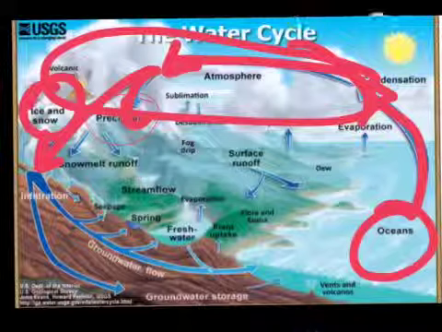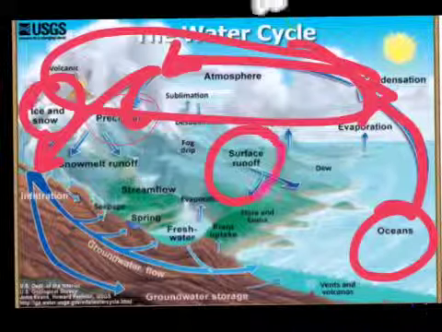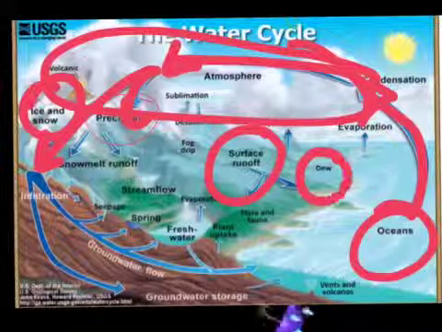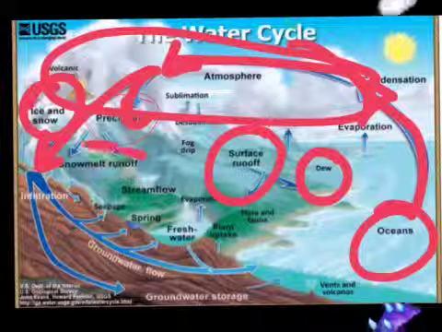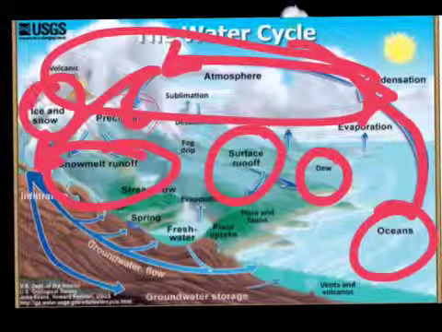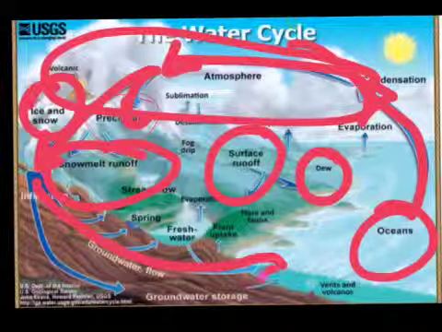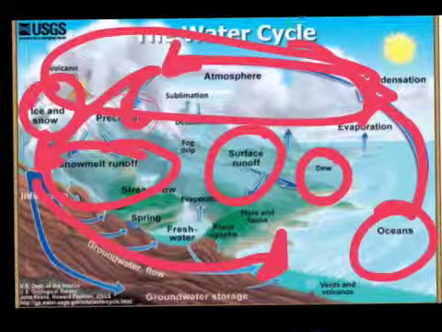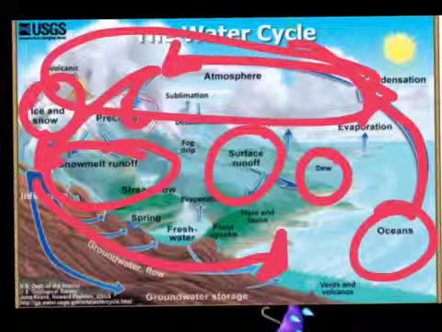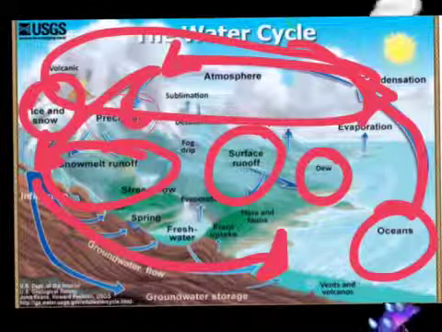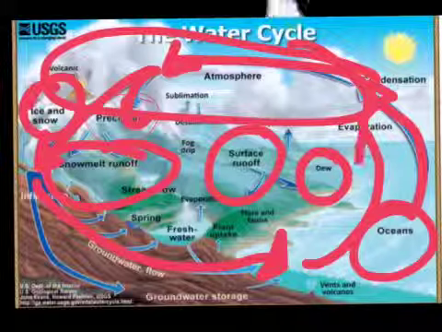And when the ice and snow melts, it has a surface runoff, and there's dew and snow melt runoff, and then there's groundwater flow, and it finally ends up through all of that, goes back into the oceans. And this is how the clouds are made.